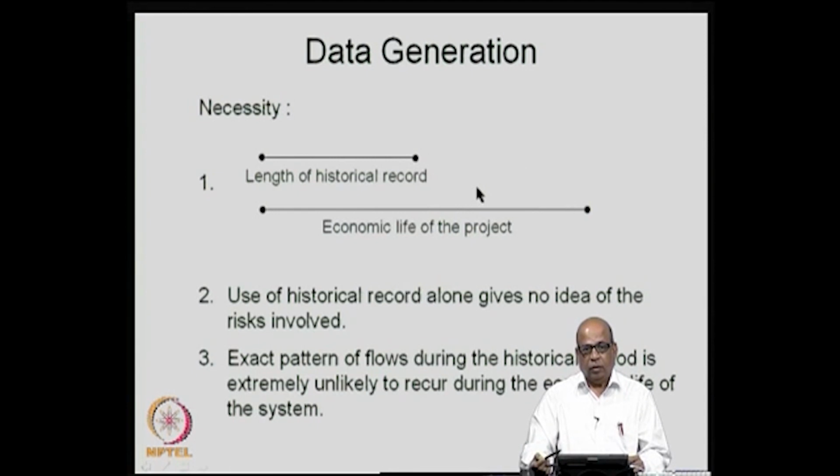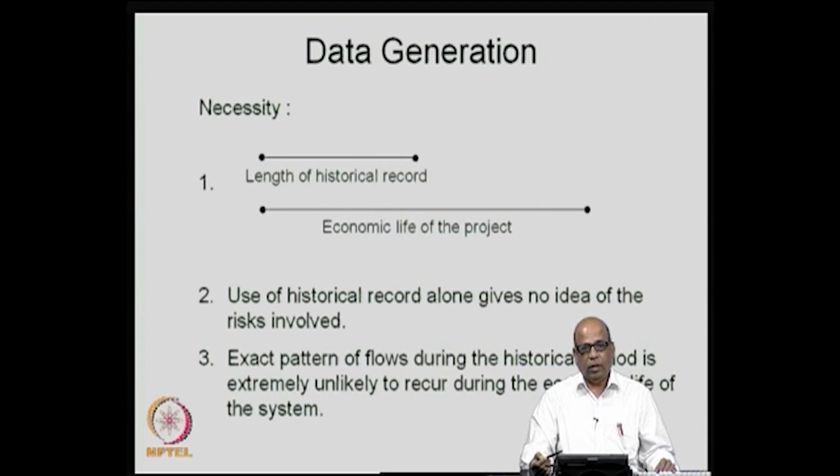However, the information content that we have in this record, if we use it in some sense to generate several sequences of flows in the future, then that number of sequences will be useful for making better decisions and better assessments of risks and so on. So, these are some of the motivations for which we develop the data generation techniques.